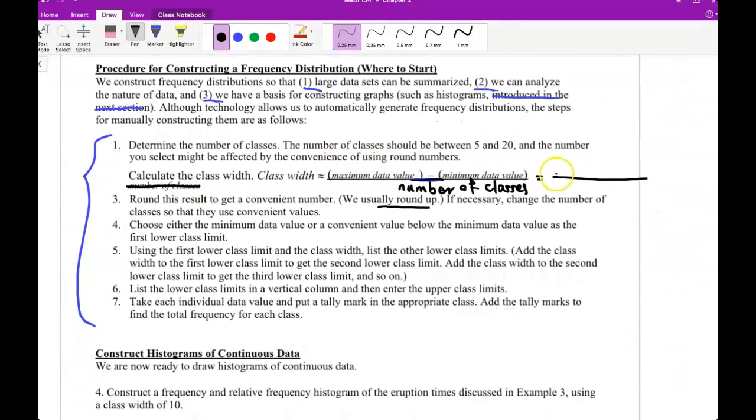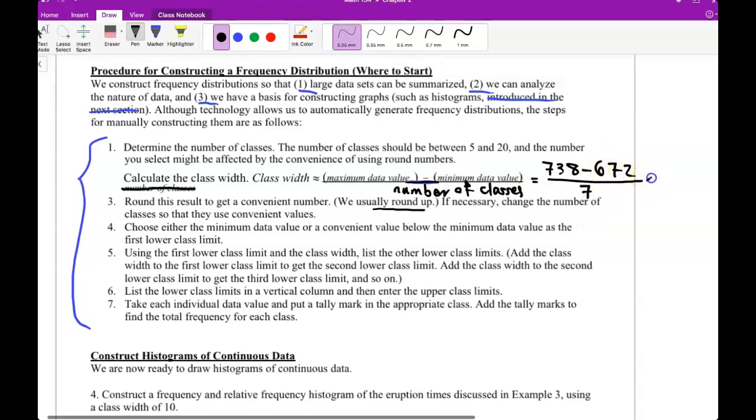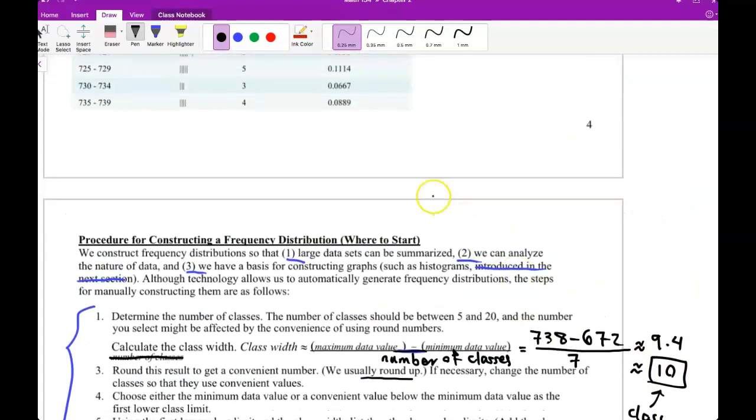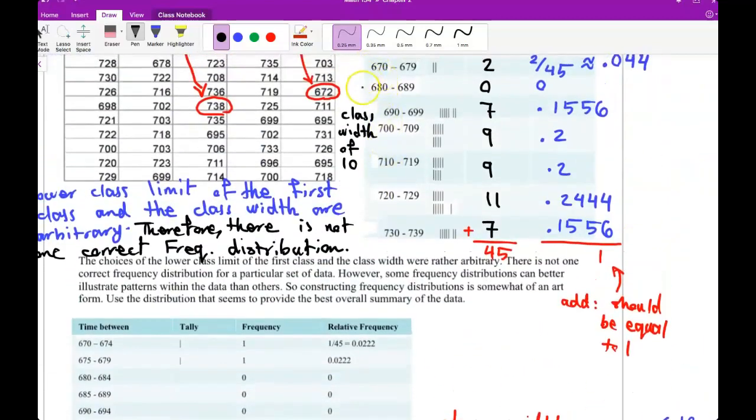So use those 2 numbers, minus 672, divided by number of classes, 7. So here is 9.4. I don't want to have this one, so round this up to 10. So this is our class width. So here we got exactly the same number that we had on the first part. Class width was 10.